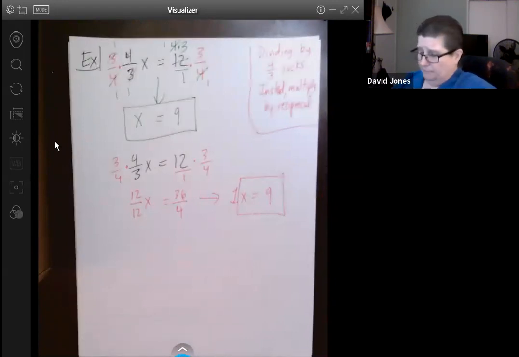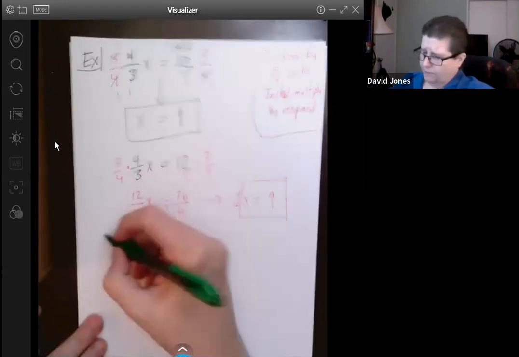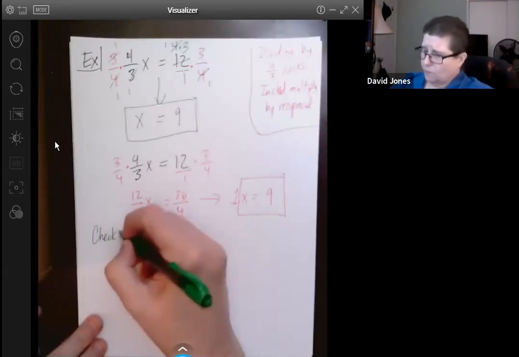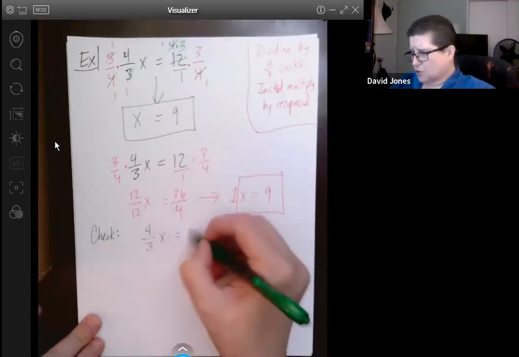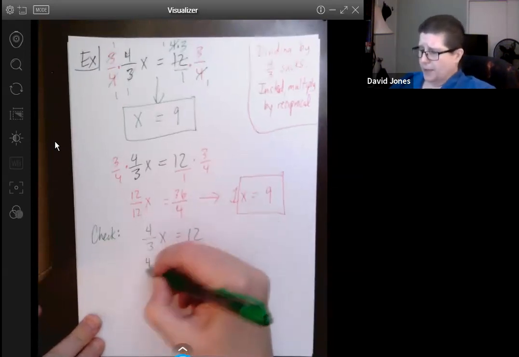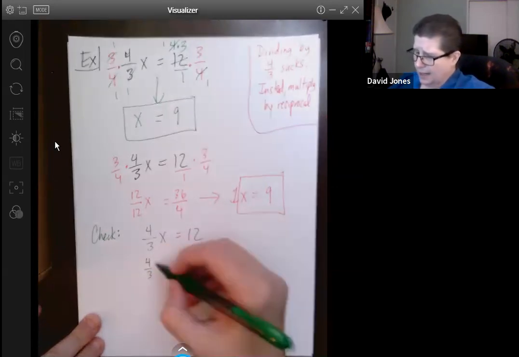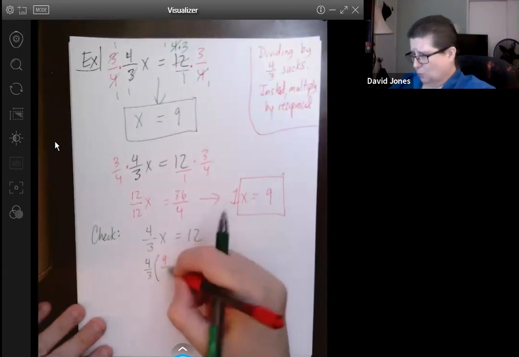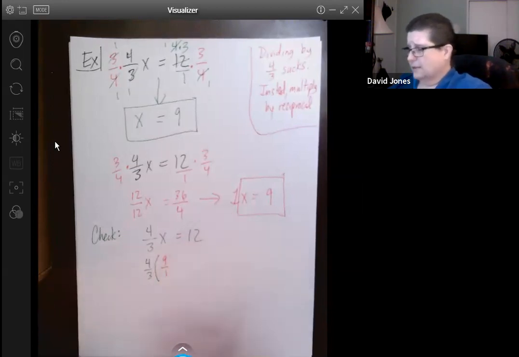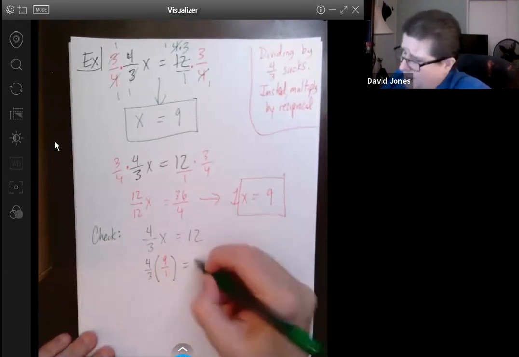Does it work? Check. 4/3 x equals 12. I'm going to substitute in my 9. Maybe I'll make it 9/1 because I've got fractions there.